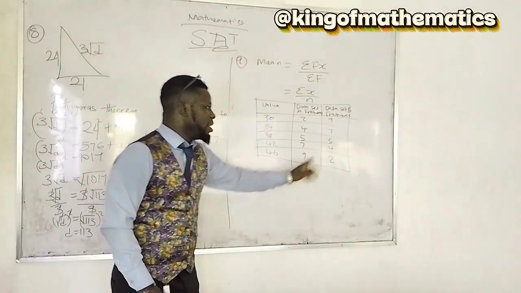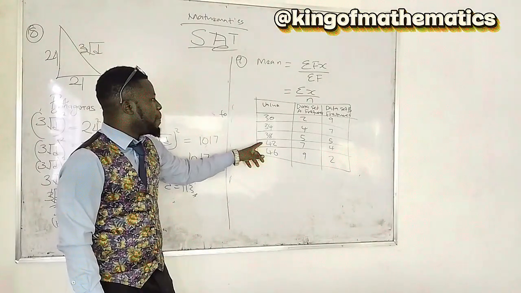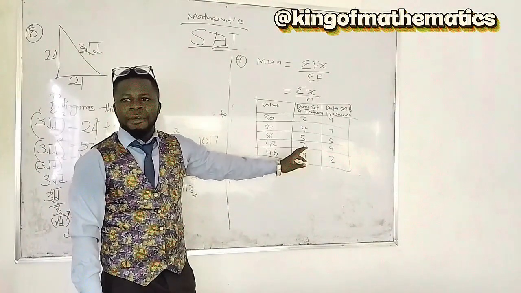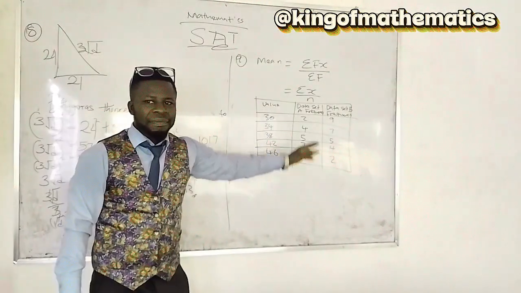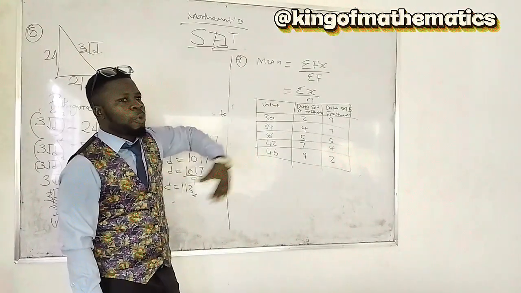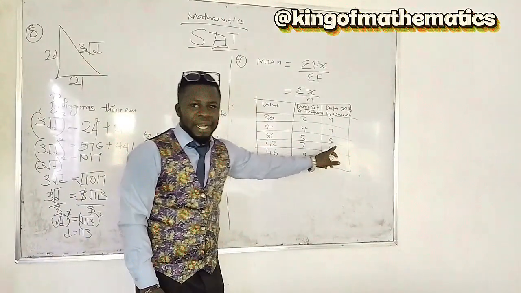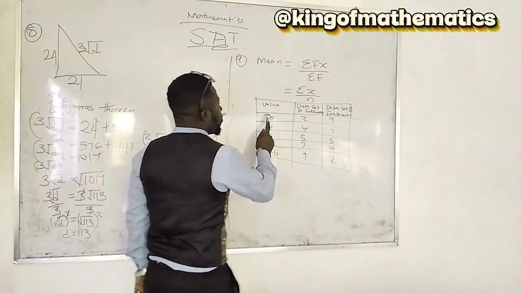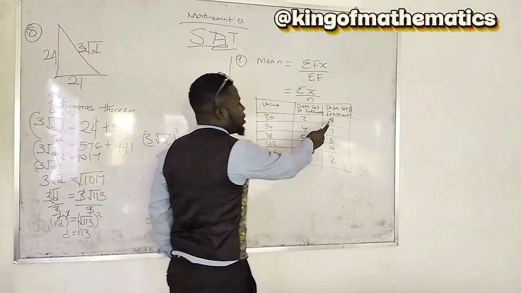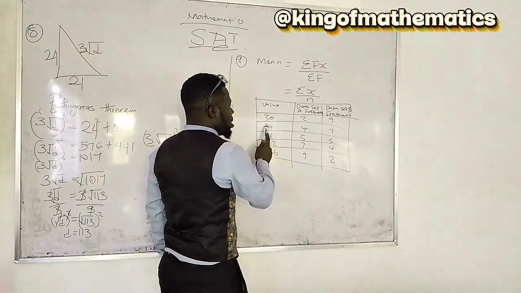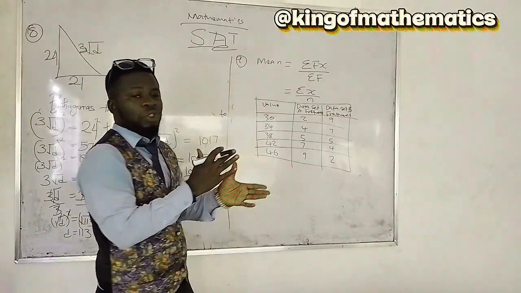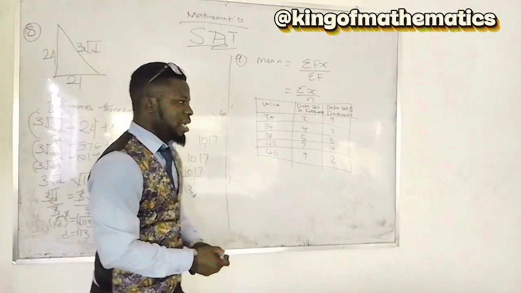Looking at this naturally, you see that the bigger numbers have bigger frequency under A. Obviously, by the time you go and check, your mean of A will be greater than mean of B, because here we have the smaller numbers having the greater frequency. There's no way, by the time you add it together, they will be smaller. What are we saying in essence?